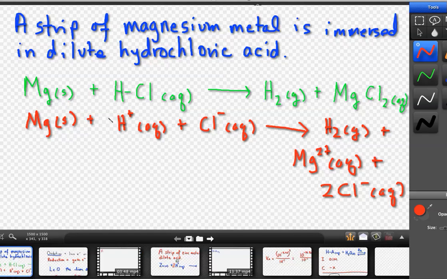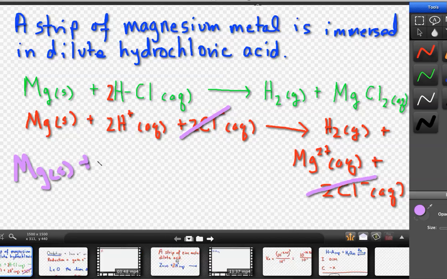Of course, when we begin to balance, now my equation is balanced on both sides. I can cancel out spectators, which will be the 2Cl minus. And what I'm left with is my net ionic equation. In this case, Mg solid plus 2H plus.